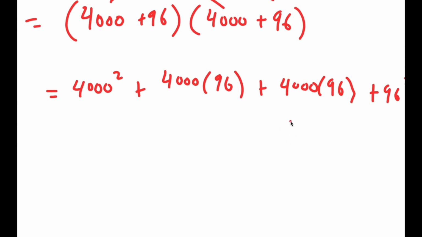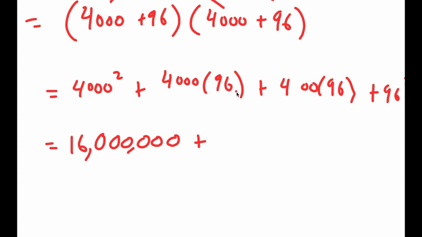Now, from here, 4,000 squared is simple because all we have to do is 4 squared, which is 16, and then 1,000 squared, which is a million. So a million has 6 zeros, so all we have to do is add 6 zeros to the end of this. So I get 16 million for 4,000 squared.